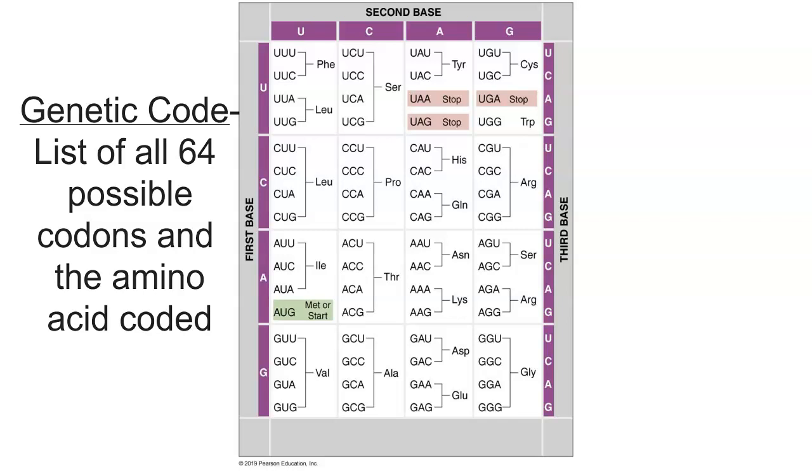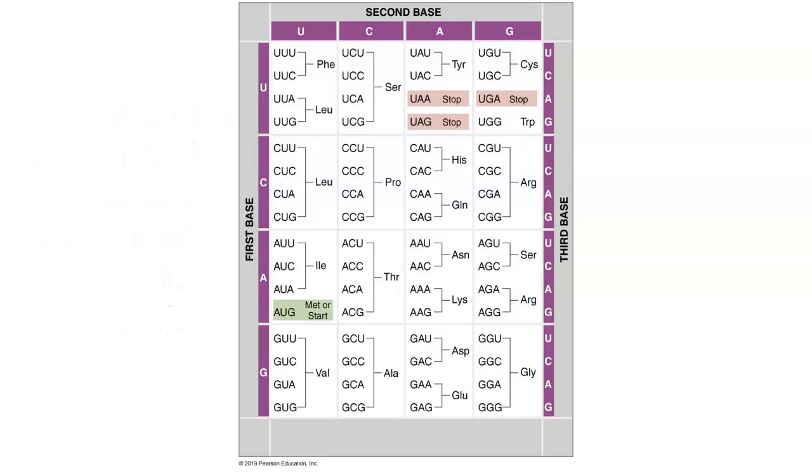This is a chart from the book showing us the genetic code, and you can use it to look up a particular amino acid. And so if I knew, for instance, a codon had the sequence AUG, do you see how the first base is A, second base is U, third base is G, and they all intersect here. So there's my codon AUG, and it's showing me that methionine is the amino acid that's coded there.